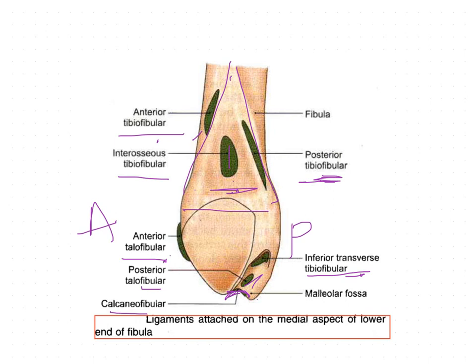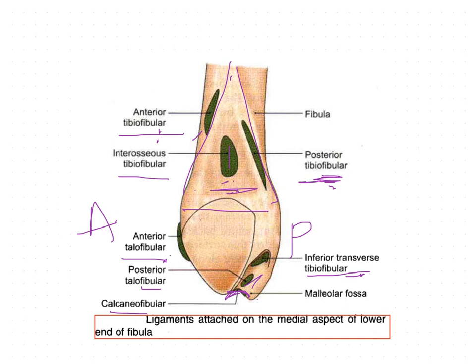On the medial side of the lateral malleolus, over the triangular area, we can find the anterior tibiofibular ligament and the posterior tibiofibular ligament. In the middle we find the interosseous tibiofibular ligament.